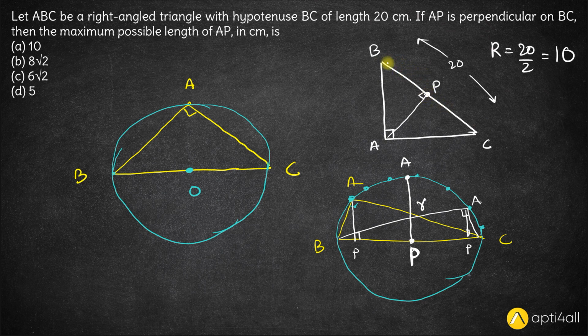We know midpoint of the hypotenuse is the circumcenter of the triangle. So if AP is bisecting BC, in that case AP is going to be of the highest length, and that length will be half of the hypotenuse. Circumradius of a right triangle is half of hypotenuse. So the answer here must be option A, 10.